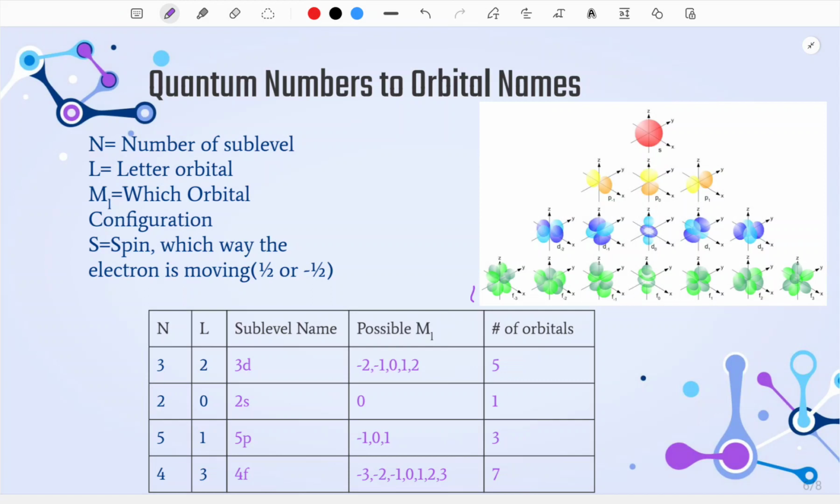And then your ml is going to be which of these orbitals up here it's going to be in. Okay, so for the d orbital, there's 5 different possibilities. And for your s orbital, there's only one possibility. So your number of orbitals is really your number of possibilities of where that electron could be.